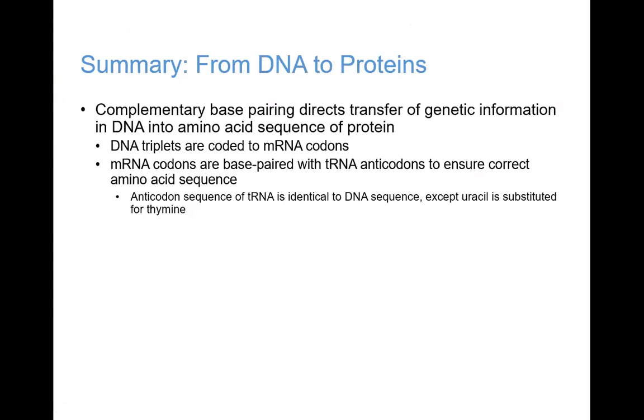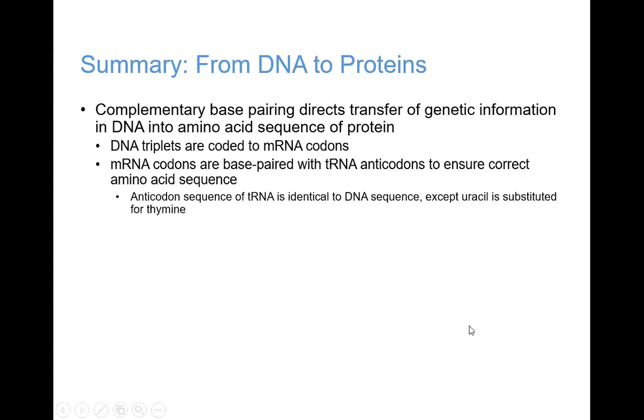The messenger RNA is a complementary copy of the DNA. The anticodon is a complementary copy of the messenger RNA. So we end up with the anticodon being the exact same sequence we had in the DNA.